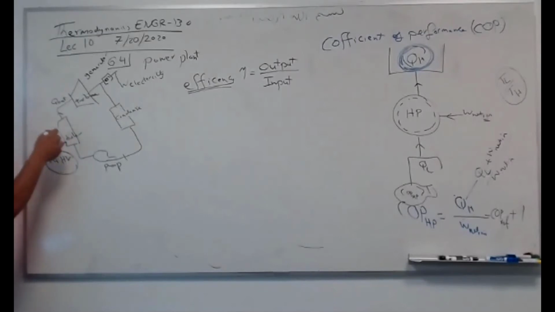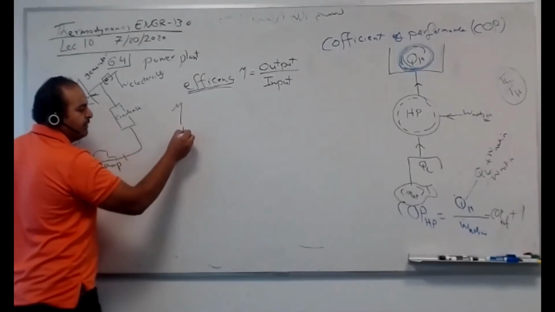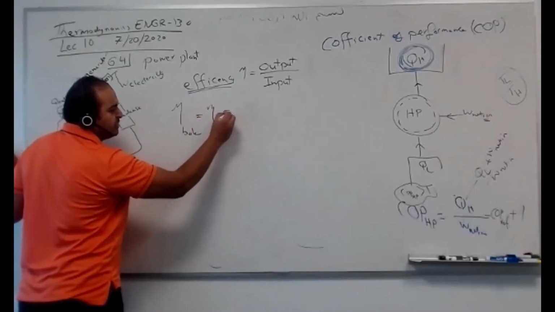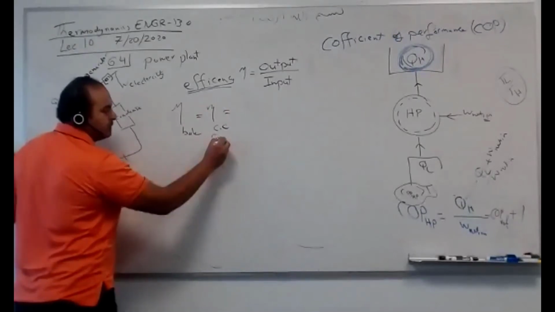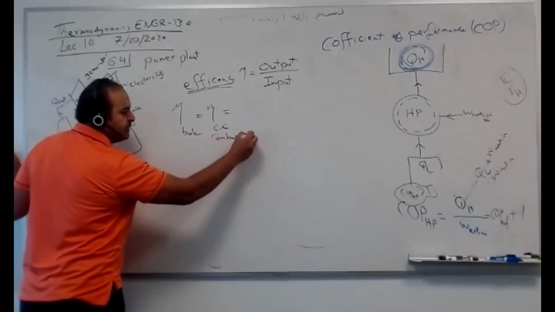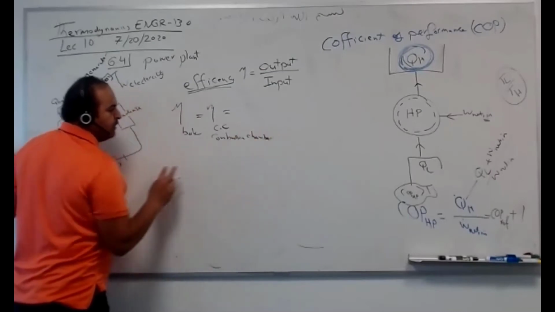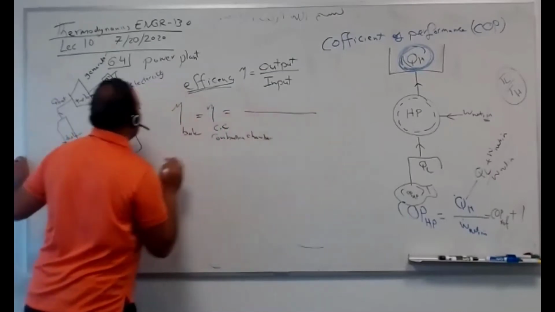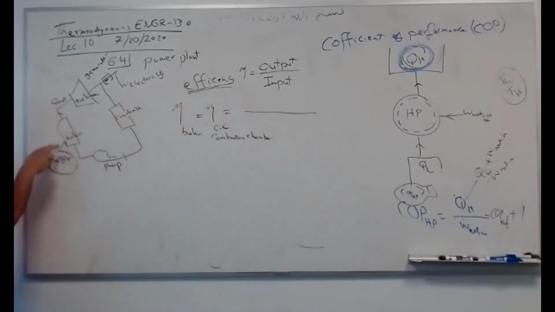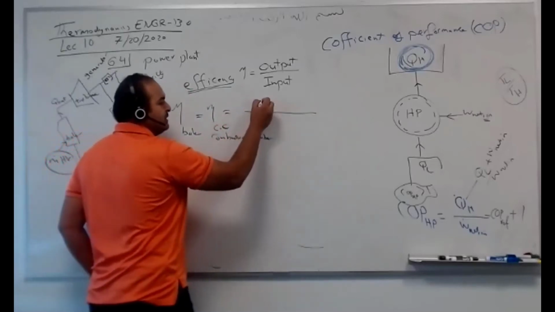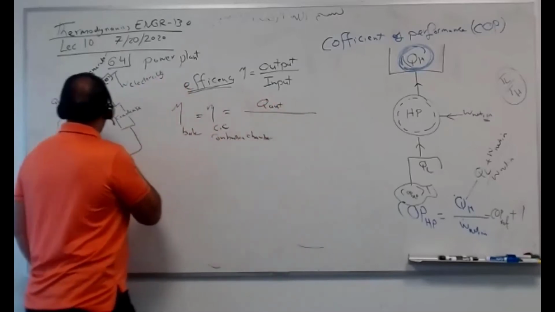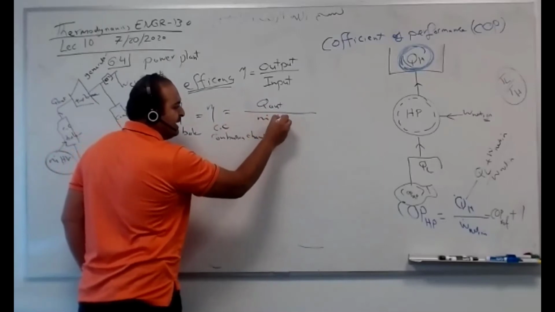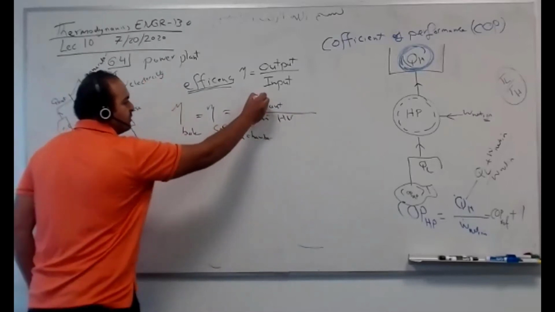So you have efficiency, which is eta, let's say boiler, or eta combustion chamber, the room that we burn the fuel in, equal output over input. What is the output? Q out. What is the input? This. So it's Q out, which is the output from the boiler or combustion chamber, over input, which is M dot HV, if this is dot, for example.